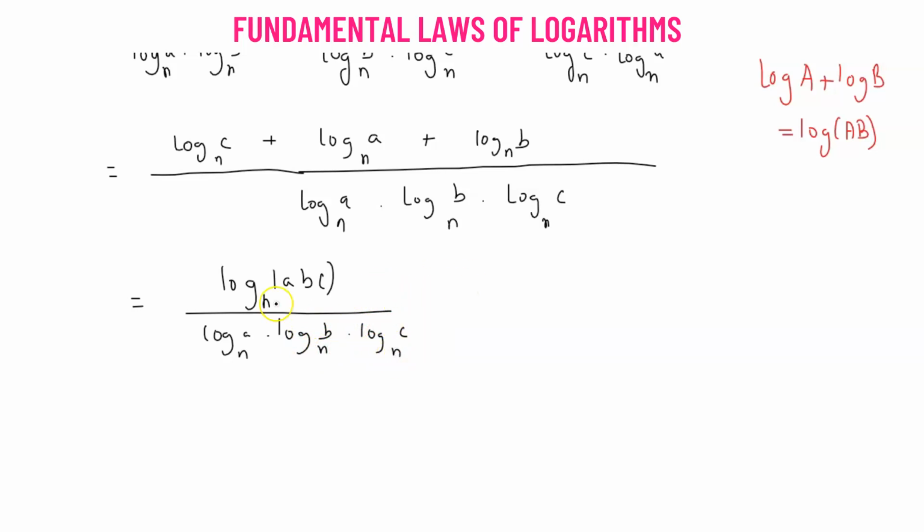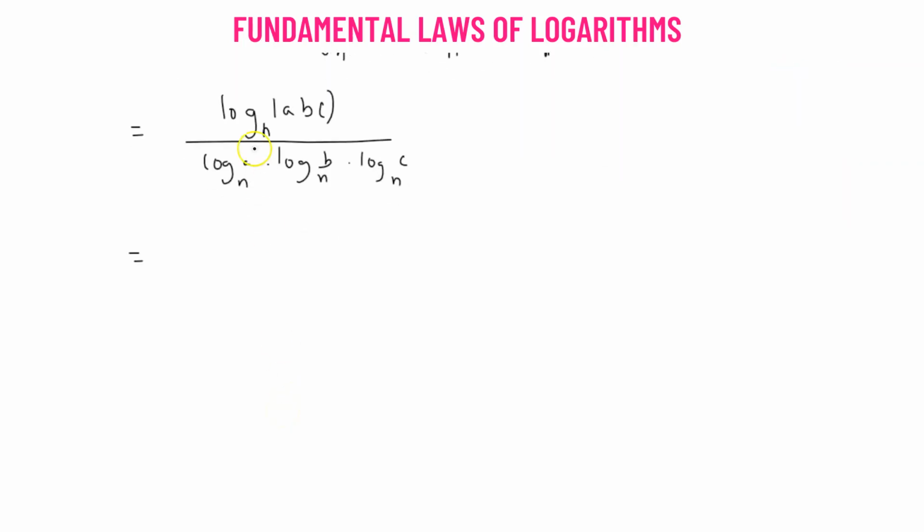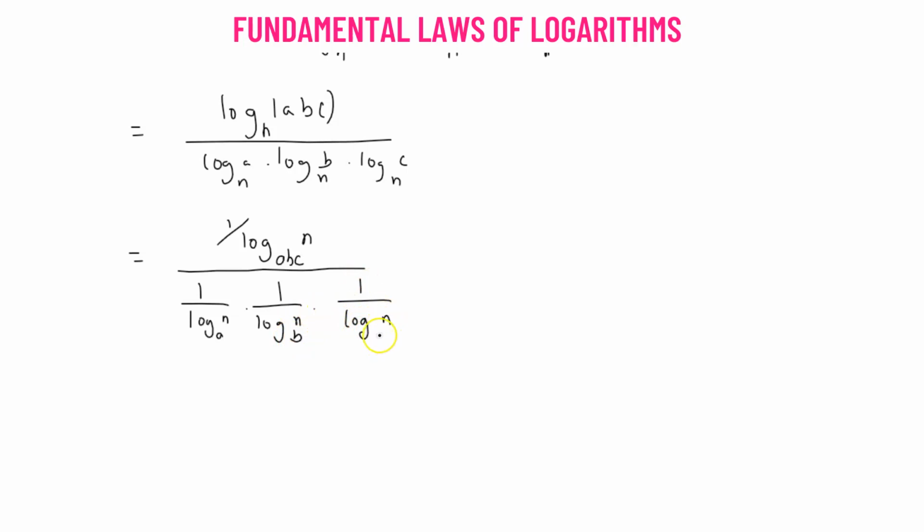Now finally what we'll do, we'll take the reciprocal of each of the logarithms in both the numerator and the denominator. Now that means in the numerator we have, let's rewrite it, 1 divided by log of n with the base of abc, and in the denominator we have 1 divided by log of n with the base of a times 1 over log of n with the base of b times 1 over log of n with the base of c.